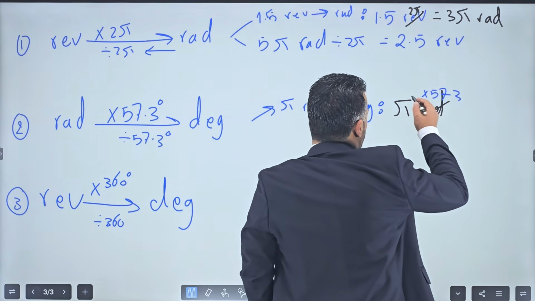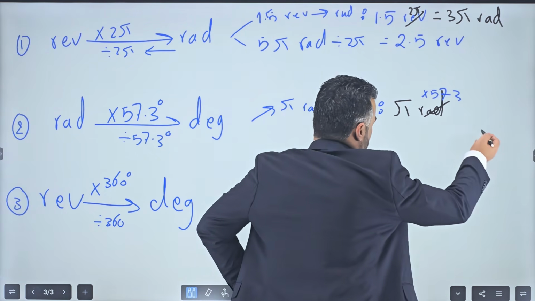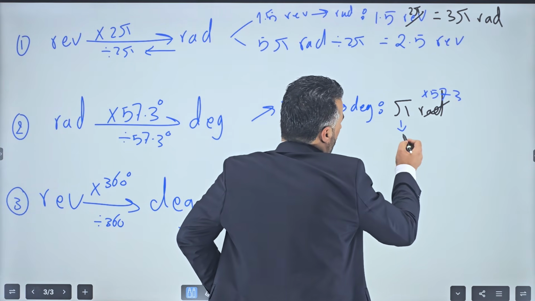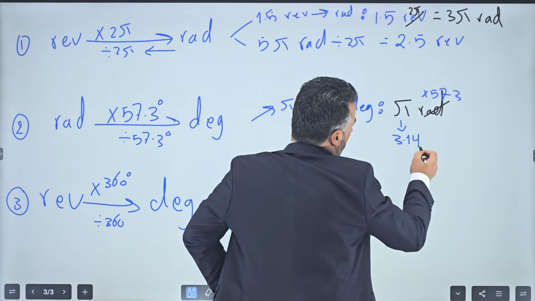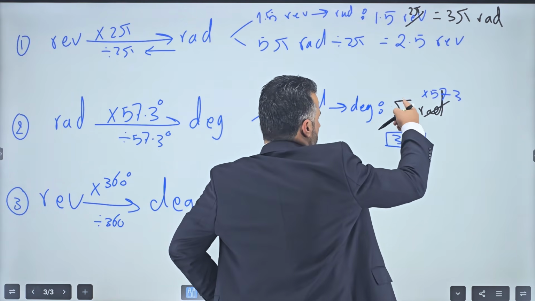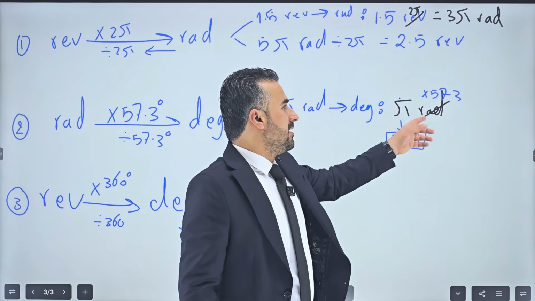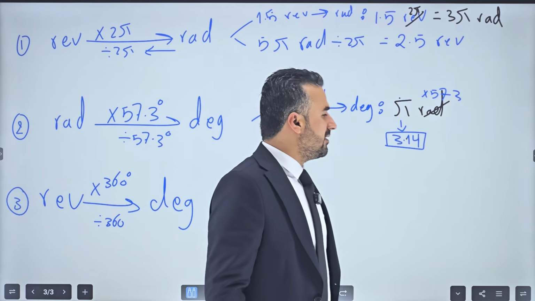Now, there is one more thing perhaps I didn't mention so far. You can write pi as a symbol, or you can write pi as 3.14, because it makes no difference whether you write it this way or write digits instead, and then you can just multiply by 57.3.